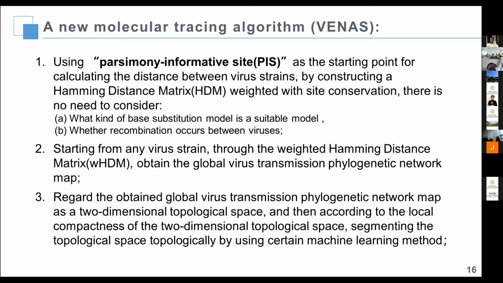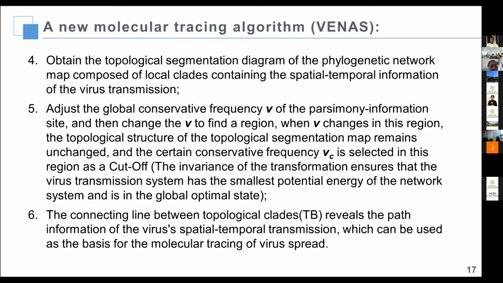We obtain the global virus transmission phylogenetic network map as a two-dimensional topological space, and then according to the local hardness of the two-dimensional topological space, we segment the topological space topologically by using certain machine learning methods. And then we can obtain the topological segmentation diagram of the phylogenetic network map, composed of the local classes containing the spatial temporal information of the virus transmissions.